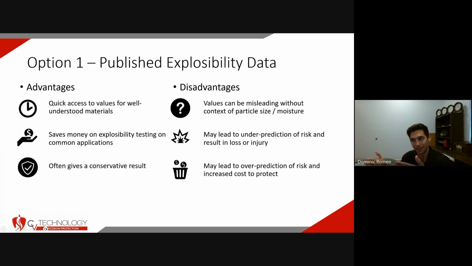And that kind of leads me into the disadvantages, is it may lead to an underprediction of risk because of that particle size and moisture content that I was just talking about. But it could also lead to an overprediction of risk, meaning that your process has higher moisture content and larger particle size than what was actually published in NFPA or Justice.